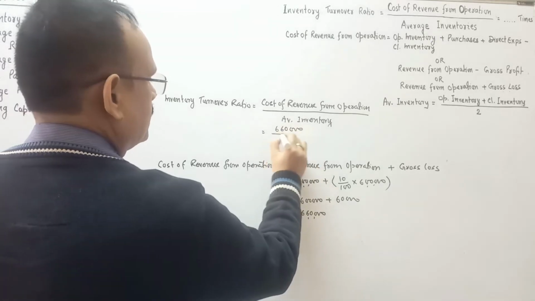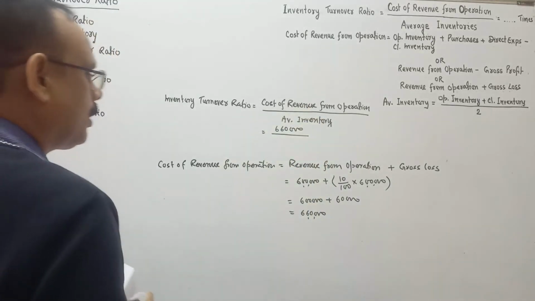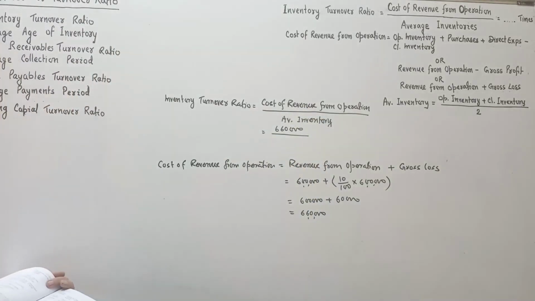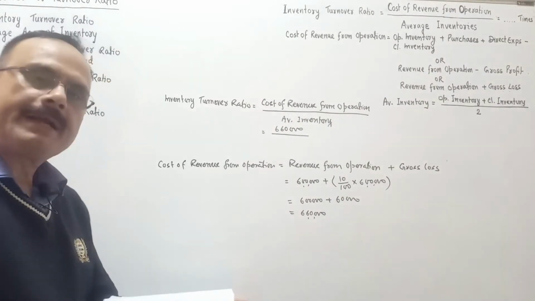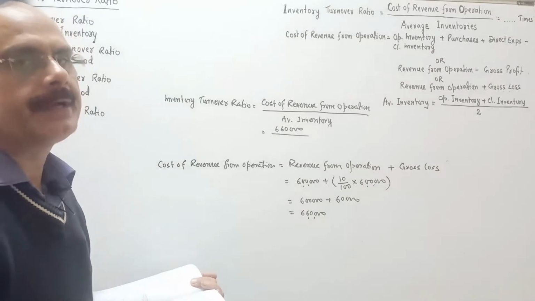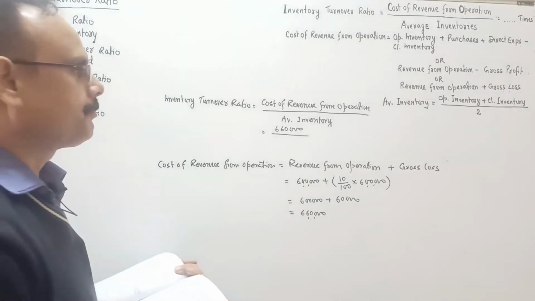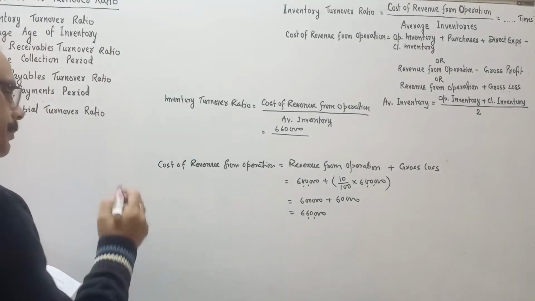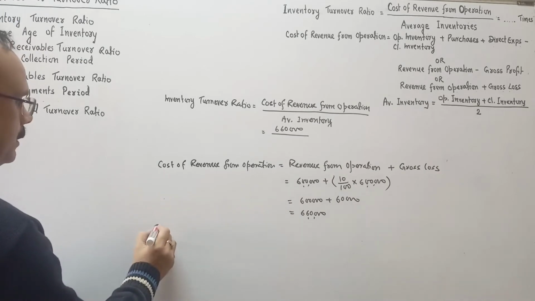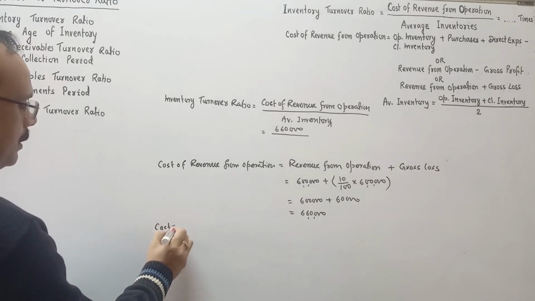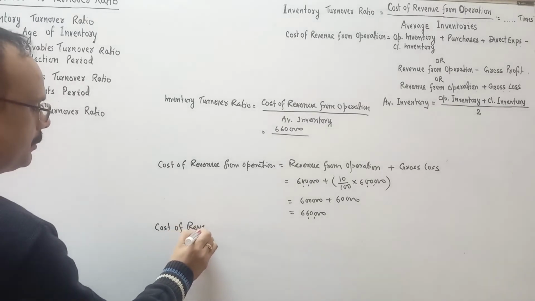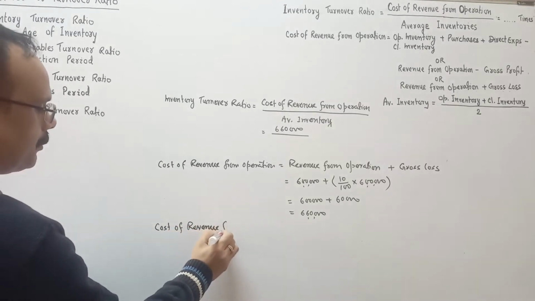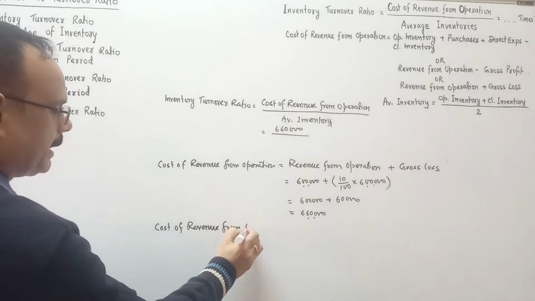6,60,000. Okay, this one. Now come to this question. Opening inventory is given but closing inventory is not given. So we have to find out the closing inventory by putting in the information of cost of revenue from operation, which we have already calculated.